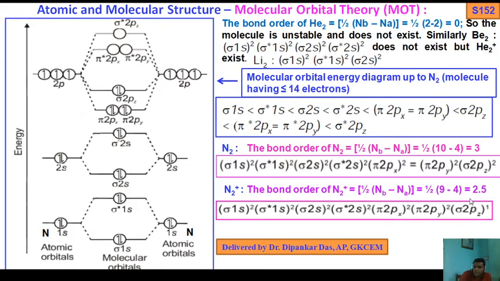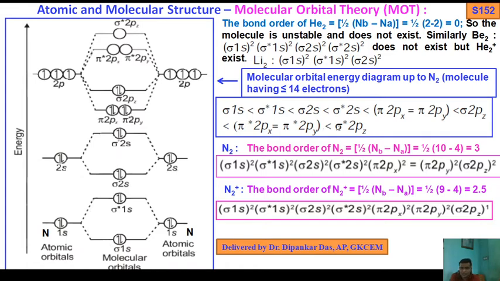We can write up to this, or you can also write pi star 2px equals pi star 2py and sigma star 2pz. You don't need to write the less than sign in the MO electronic configuration, because that is the energy order and this is the MO electronic configuration.